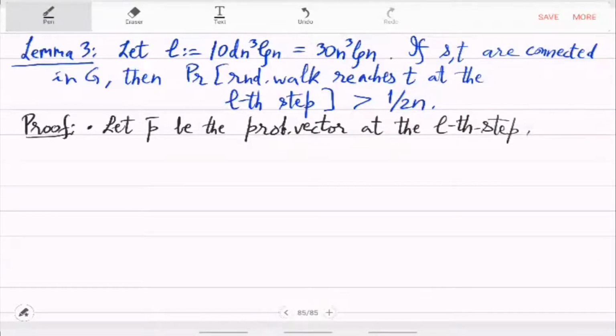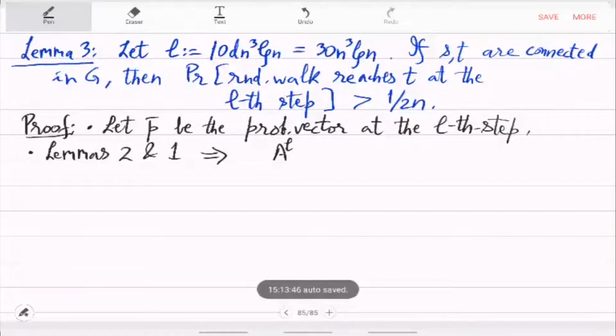Lemmas 2 and 1 imply that L applications of A, the normalized adjacency matrix, on the initial probability vector e bar S, which is 1 only at the S-th place, how far can this be from the uniform probability vector 1 bar?